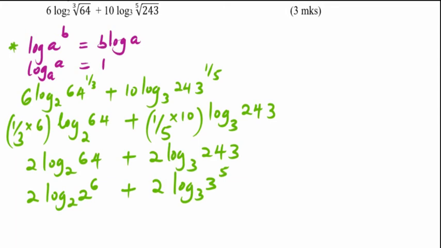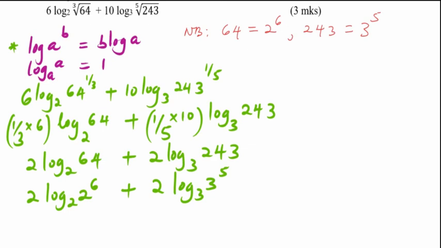So in simple terms, note that 64 is 2 raised to power 6 and 243 is, sorry, 3 raised to power 5.